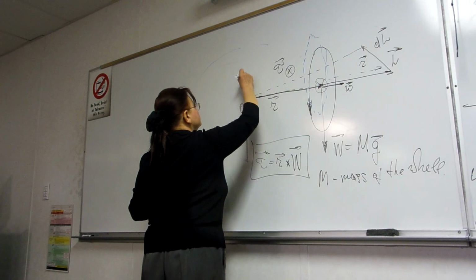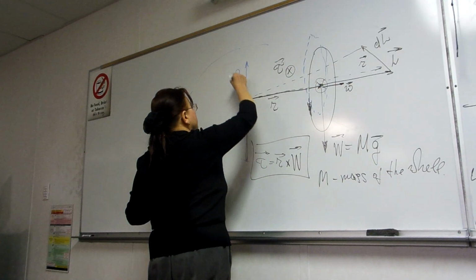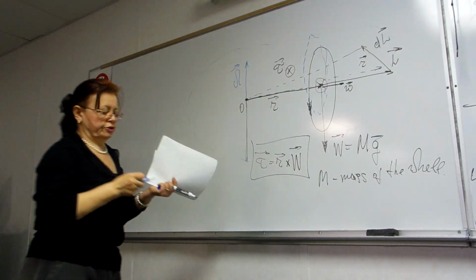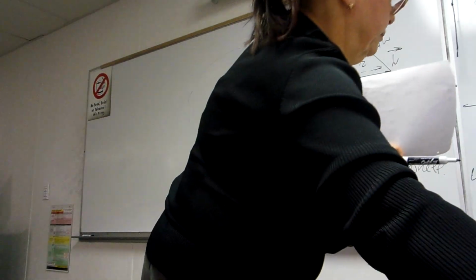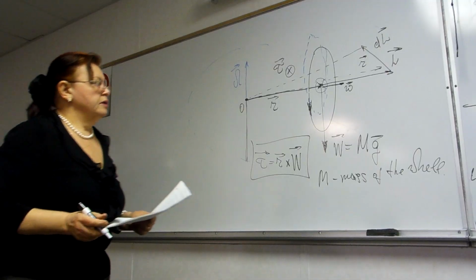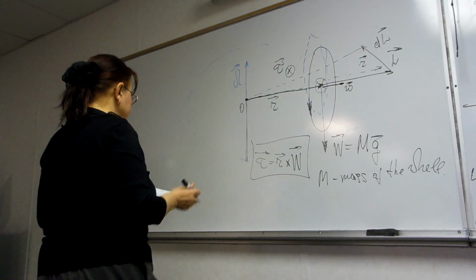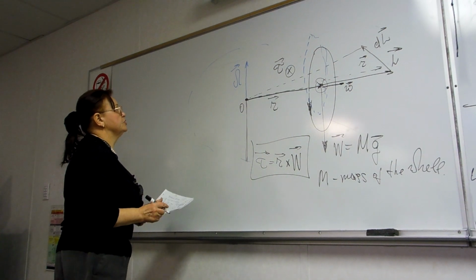Thus, we would have so-called angular velocity of precession. So the phenomenon is called precession of gyroscope, and we can find the angular speed of that precession.